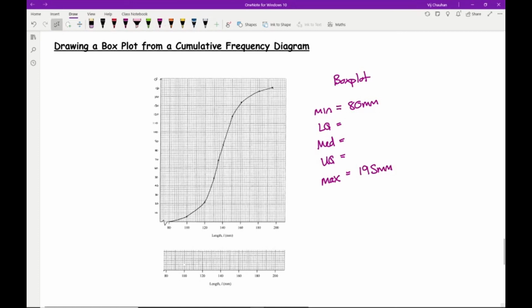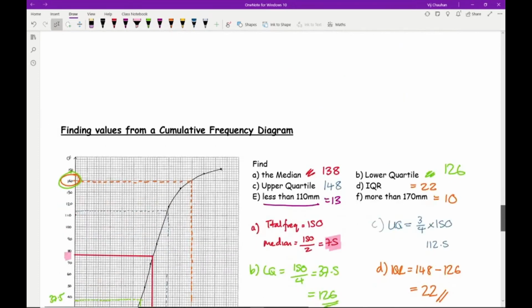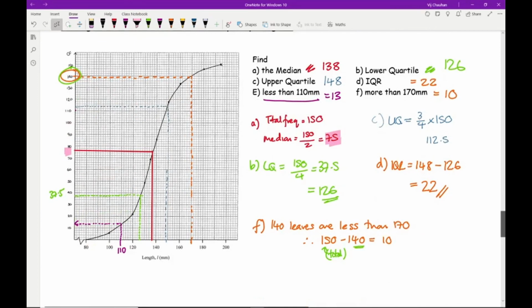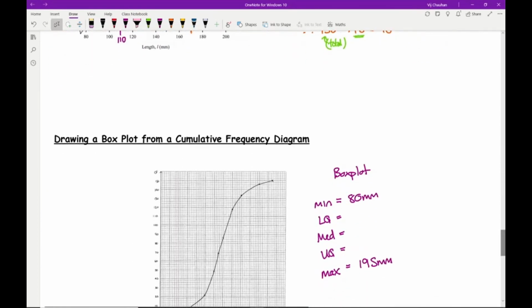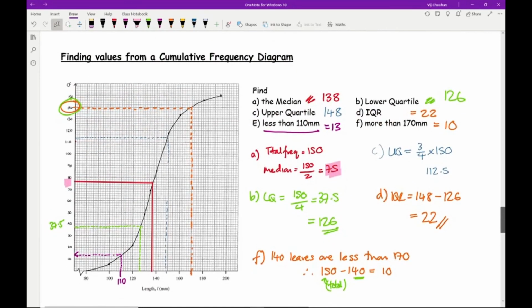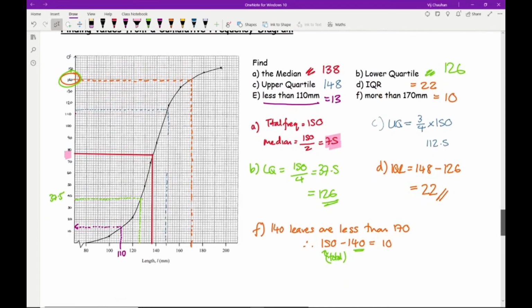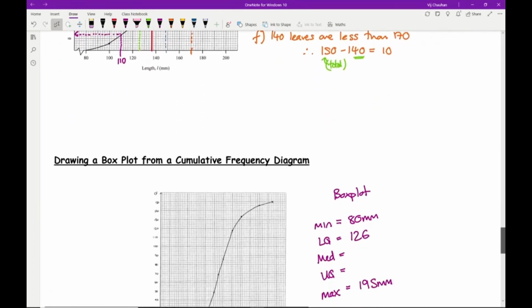Now in terms of the lower quartile, if I go up to the previous part, I can see that the lower quartile was 126. The median value was 138.